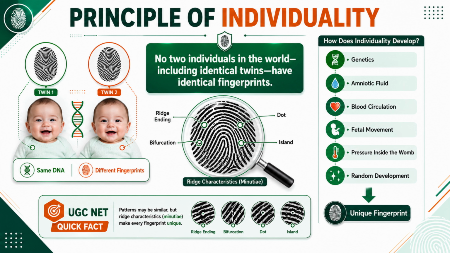Now imagine nature creating fingerprints instead of drawings. Although the biological process is similar for every human being, the tiny details produced during development differ from one person to another. These tiny differences make every fingerprint unique. That is the beauty of fingerprint individuality.